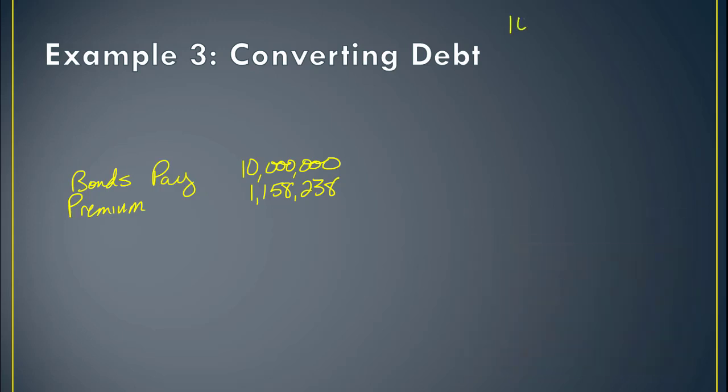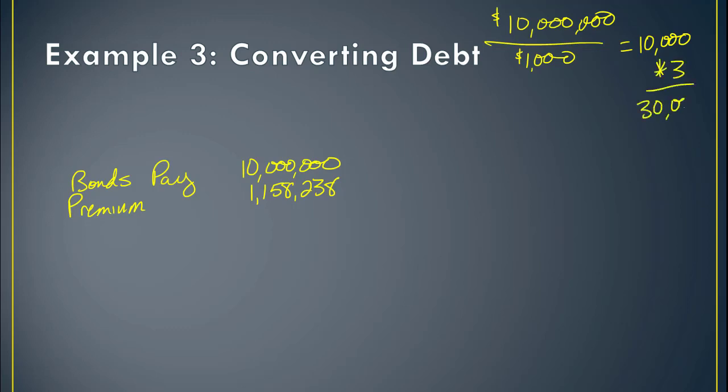So let's see, a $10 million bond divided by $1,000 increments gives us 10,000 actual bonds that we can sell to different investors. Each of those bonds gets 3 shares of stock, so that's 30,000 shares of our common stock. And we're going to split the value.